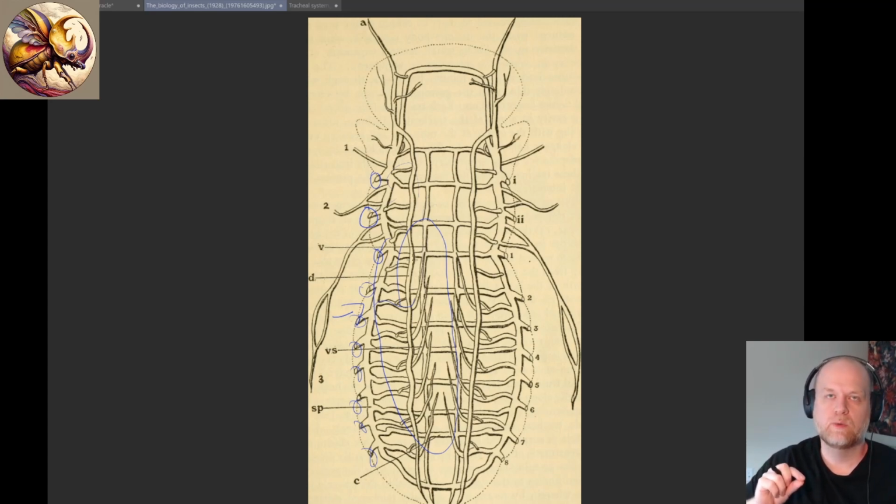What is that? 1/1000th of a millimeter? I can't remember. Very, very small. And so it's 1 micron, and that is where the gas exchange will occur. So these tubes run throughout the body, including from the thorax and abdomen up into the head, and this is how the gas exchange occurs.